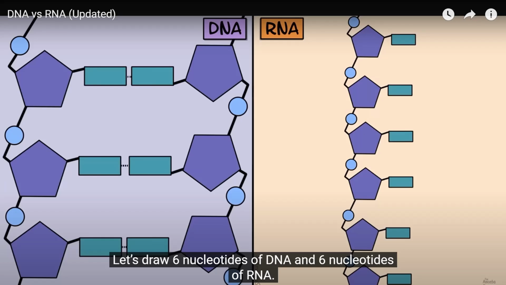They both contain 6 nucleotides. The structure. What's different about the DNA and RNA structures? One has both sides and one only has one strand. So DNA is double-stranded. RNA is single-stranded.